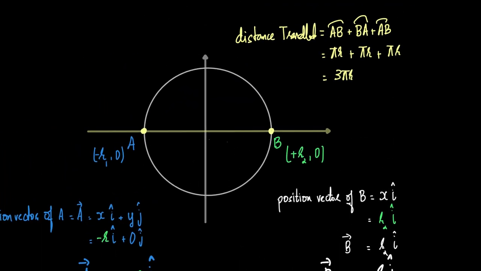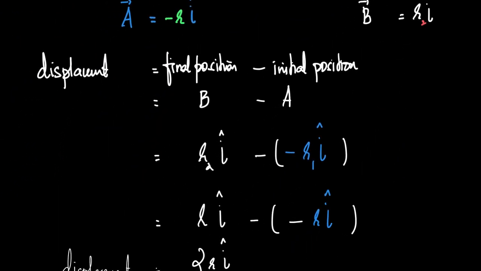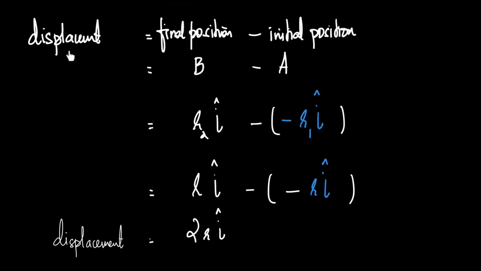Okay, that doesn't matter anyway. Right. So since we have this position, we have displacement is equal to final position minus initial position. To be more precise, the displacement vector would be final position vector minus the initial position vector, which is vector B minus vector A.